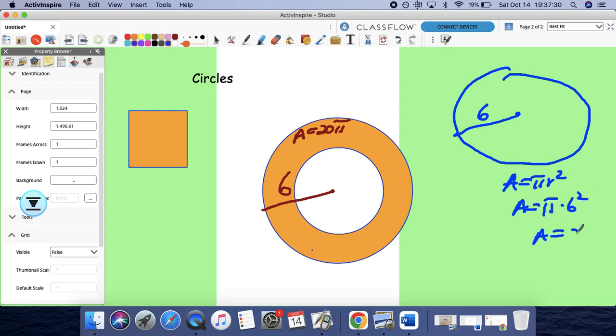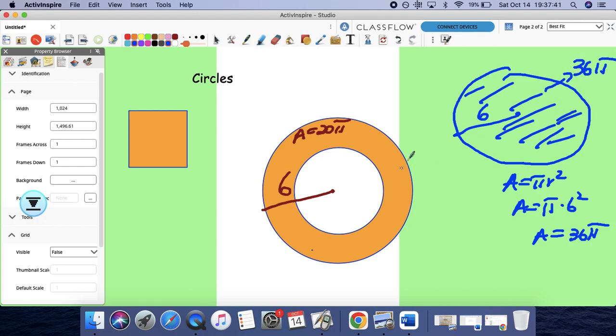The area is 36 pi. So the area of this whole thing here is 36 pi. Somebody came, punched a hole in the middle, and you're left with 20 pi. So that means that the area of the inner circle here is 16 pi.